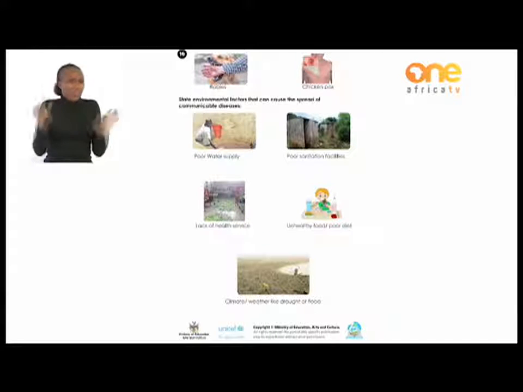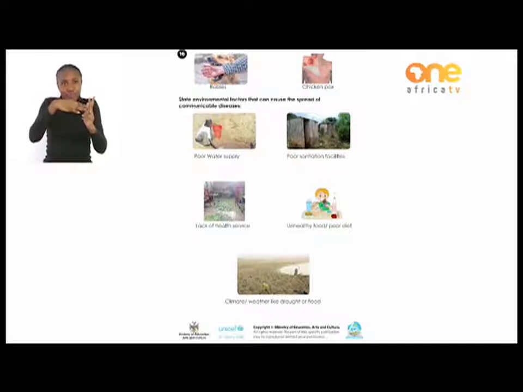Now, if you notice that you have these symptoms, please visit the nearest clinic to get an injection, and abstain from sexual activities for the STIs. State environmental factors that can cause the spread of communicable diseases.